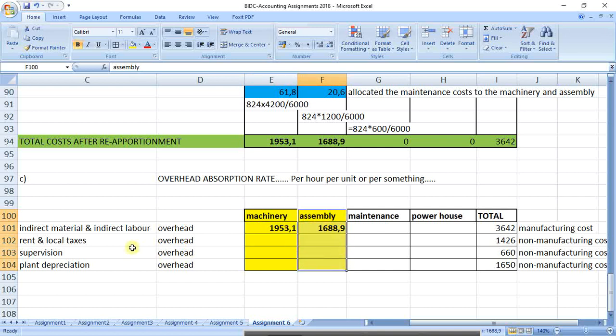Okay, so what would the best way be to allocate the rent and local taxes to the machinery and assembly. What should we use? Should we use direct material hours, machine hours, maintenance hours, or units of power, or area, or maybe plant valuation for rent and local taxes?